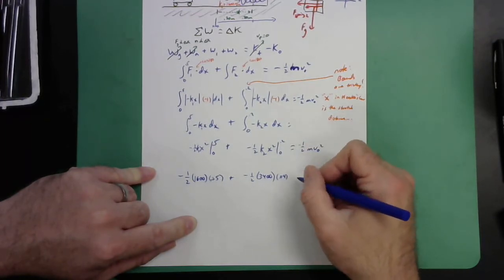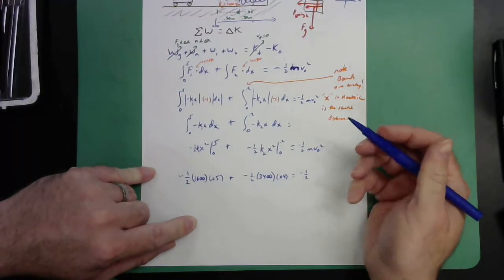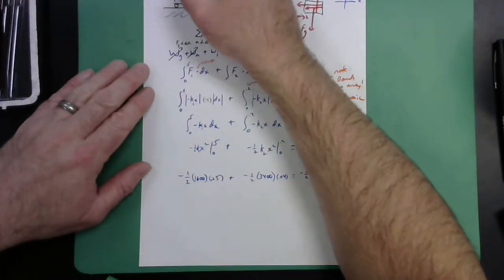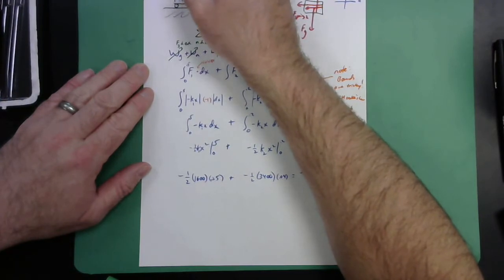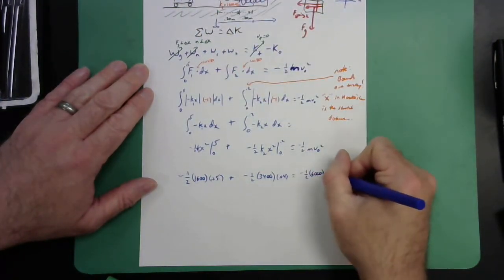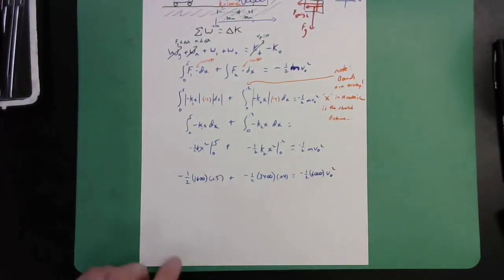That's going to be equal to minus 1/2. What's the mass of this freight car anyway? They tell us it's a 6,000 kilogram freight car. That's v naught squared. There's my equation with just one variable, v naught.